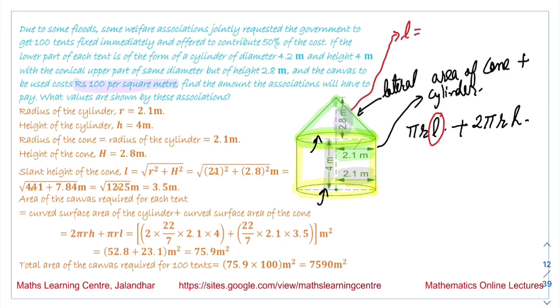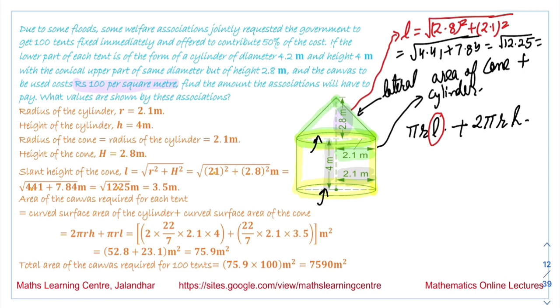We are saying l is equal to square root of 2.8 square plus 2.1 square, and on solving these values we get square root of 4.41 plus 7.84, it is square root of 12.25, and on solving this square root, the answer you will get is 3.5 meter. So this is the slant height.